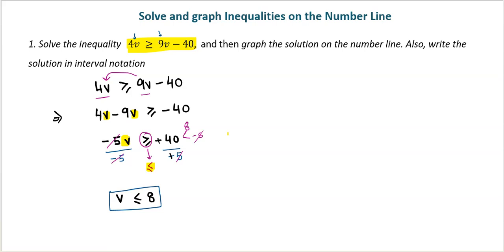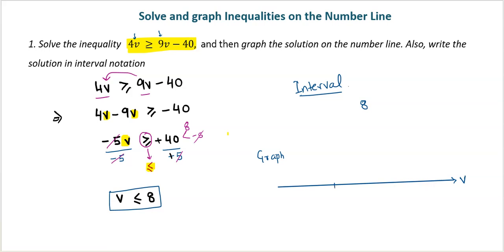So how do we represent it in interval notation? Before that, let's see how we graph it on the number line. Let's draw the line. Since this is for v, we need the value 8.